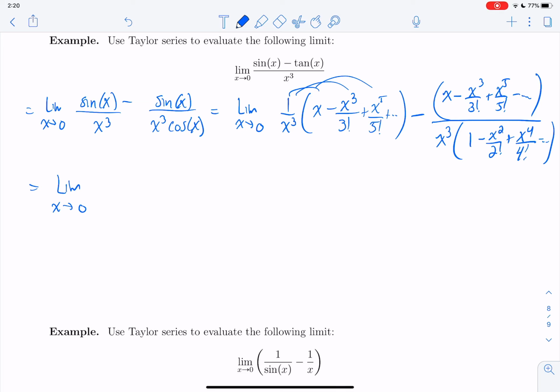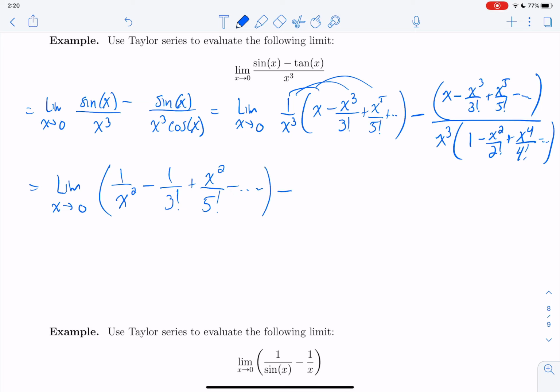We're going to end up with 1 over x squared minus 1 over 3 factorial plus x squared over 5 factorial, etc. I guess this should be a minus.